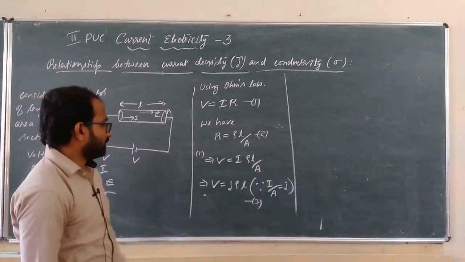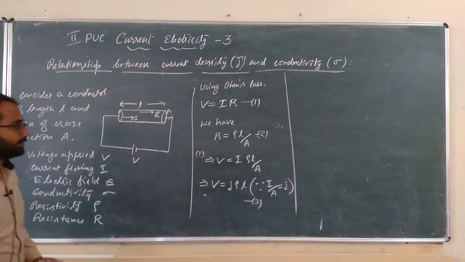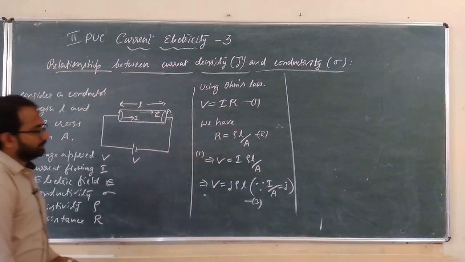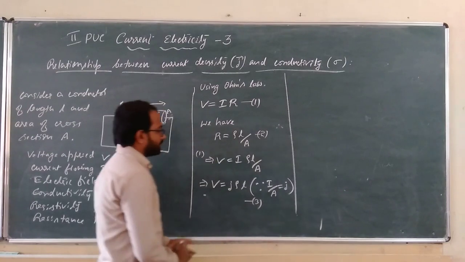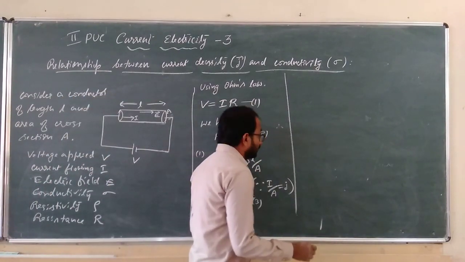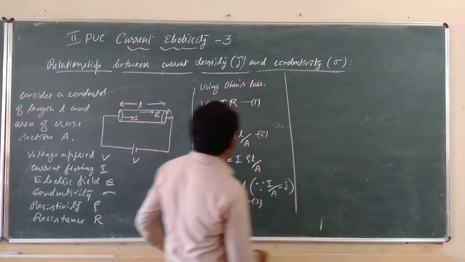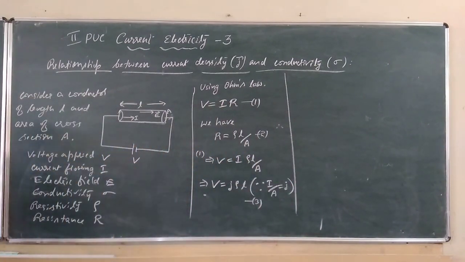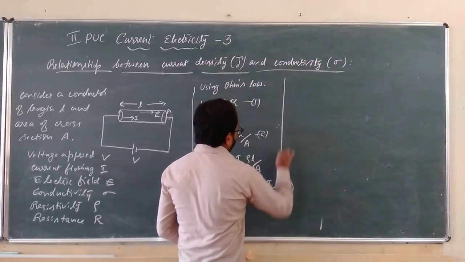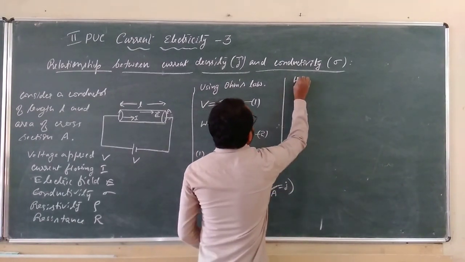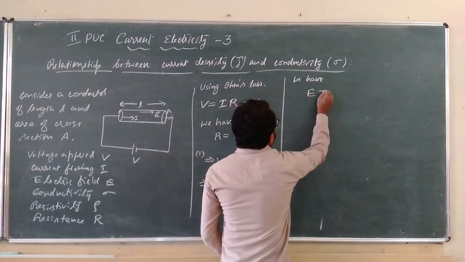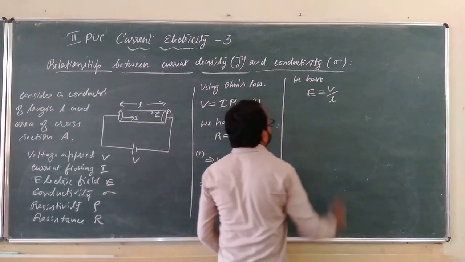Now what is the relationship between potential difference and electric field? Electric field is the gradient of potential.